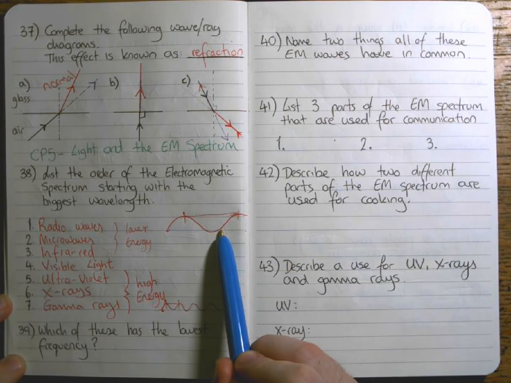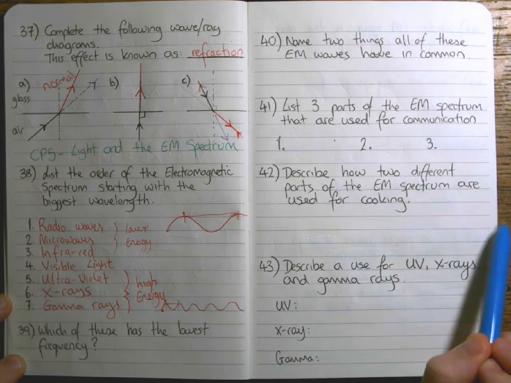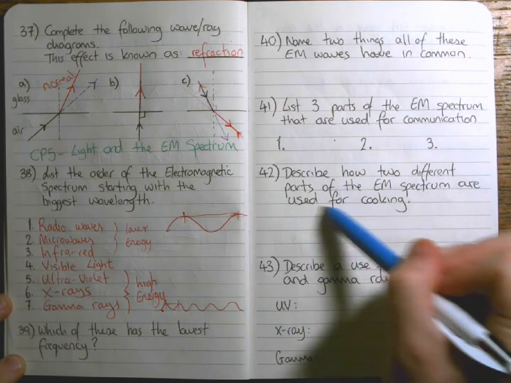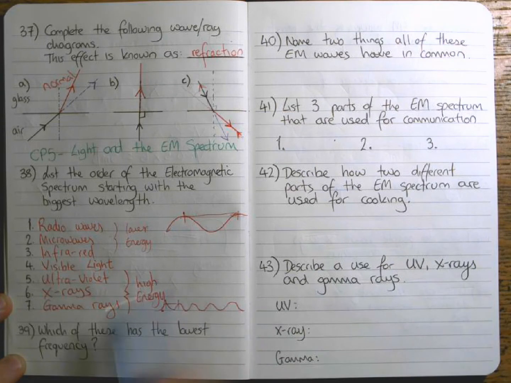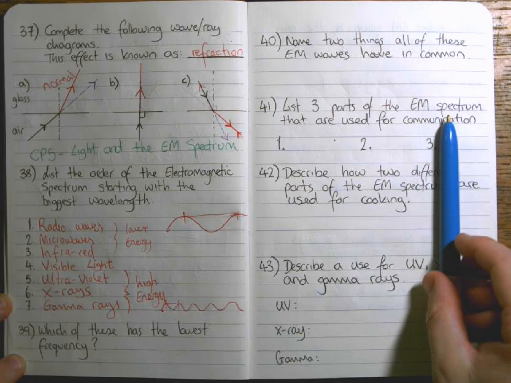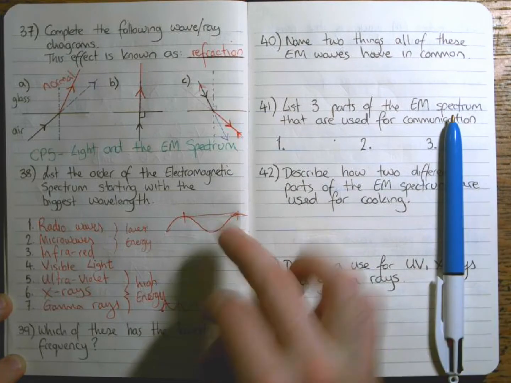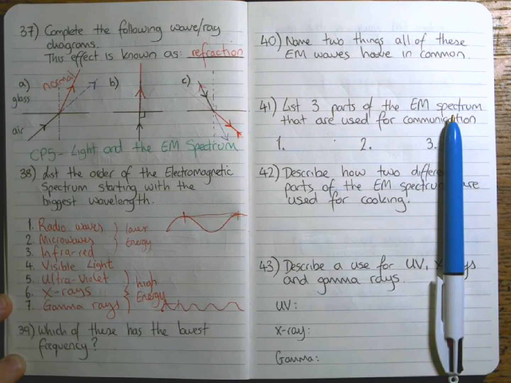If that wave travelled across this page, and it was a lot longer so we could count lots of wavelengths, and then this one moved across the page at the same speed, and that's the important bit, if they're moving at the same speed, which one would have more full wavelengths passing past the pen per second? Hopefully you said this one.